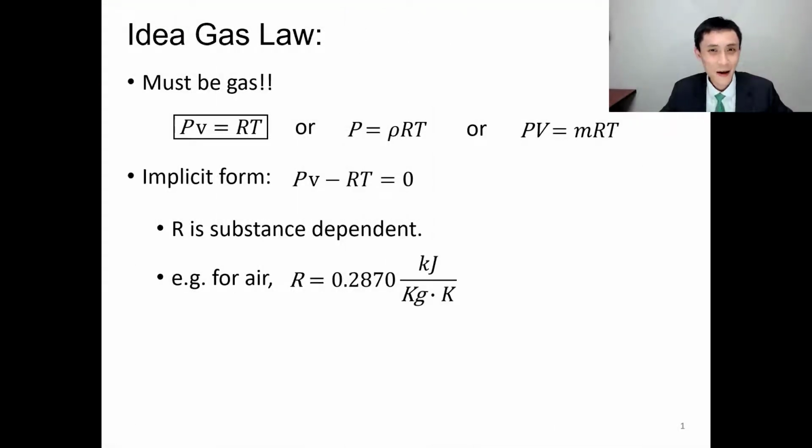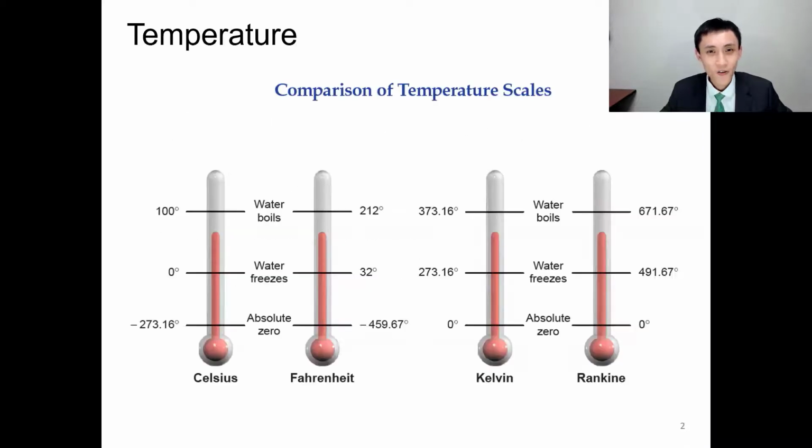All right, let's come back to our slides. The last variable is T, which is for temperature. For temperature in thermodynamics calculations, here is a trick. You cannot directly use degrees C, you have to convert to Kelvin by adding 273.